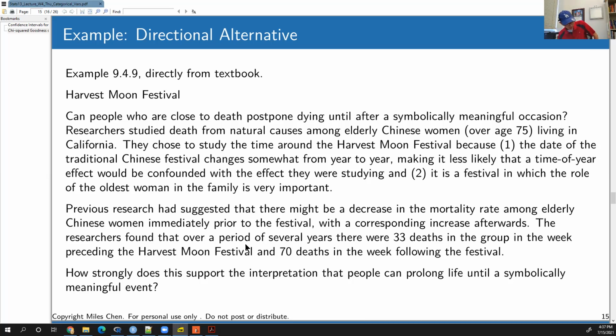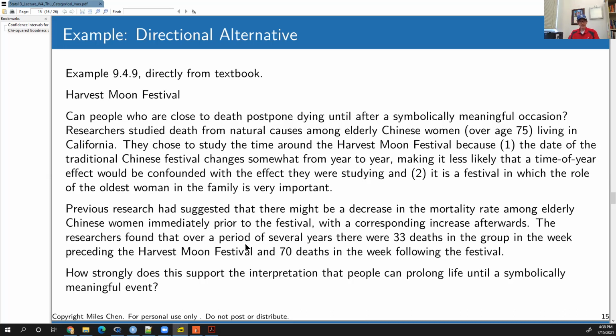The question that the researchers start off with was, can people who are close to death postpone dying until after a symbolically meaningful occasion? The researchers studied death from natural causes among elderly Chinese women, which they defined as Chinese women over age 75 living in California.